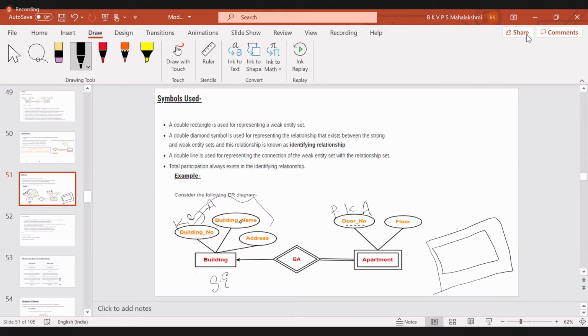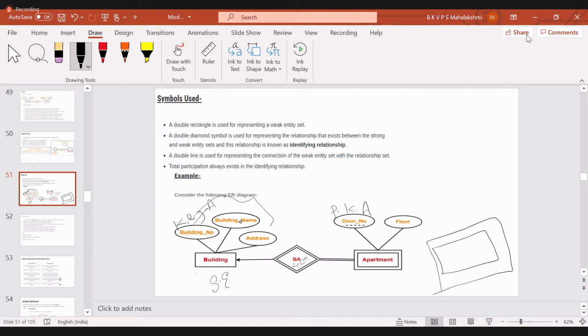As it does not have a full key attribute, we consider this a weak entity, so we represent it with a double rectangular box. As it depends on the strong entity, we should have two lines from this to the building apartment relationship, BA.